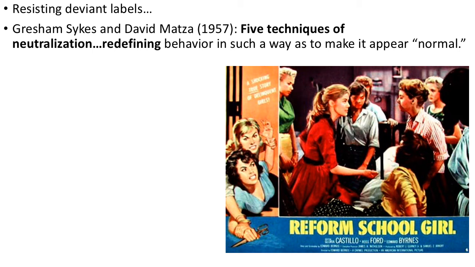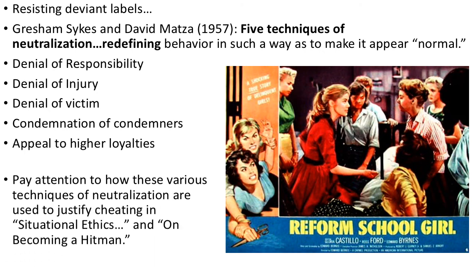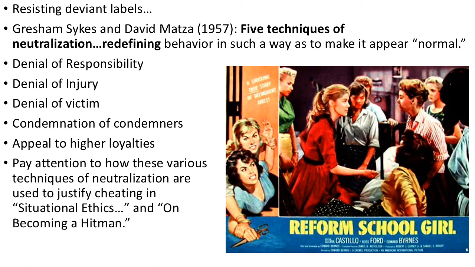And through their interviews, they discovered and categorized different ways that people try to neutralize these deviant labels. So I wanted to put them up here, and we'll talk about them a little bit.